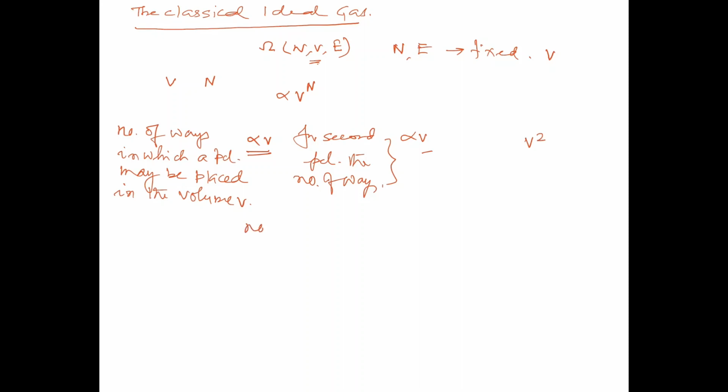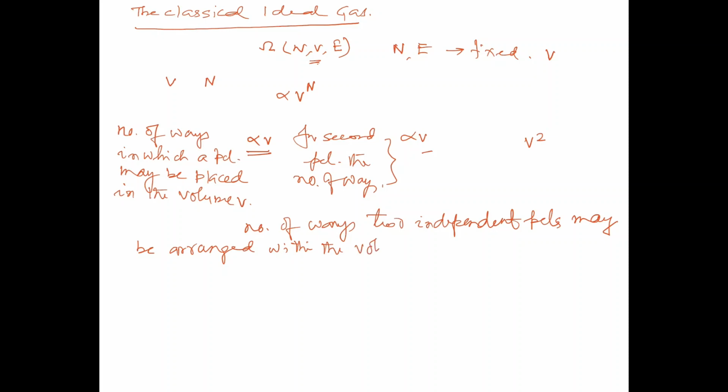You see, the number of ways two independent particles may be arranged within the volume V will be the number of ways in which one particle can be arranged multiplied by the number of ways in which the second particle can be arranged.